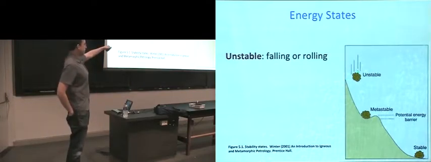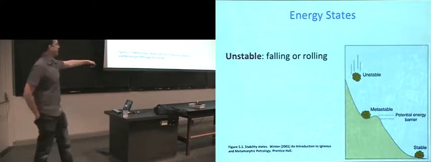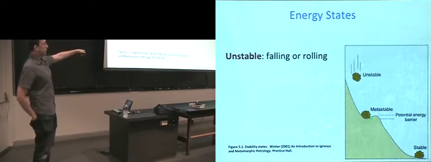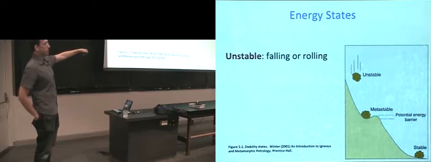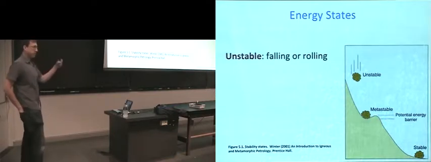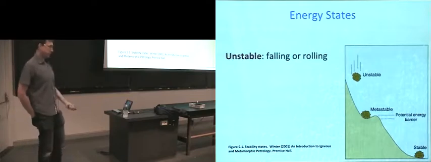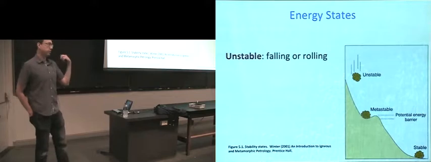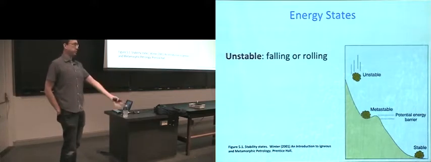So the rock is going to fall and roll down the hill, because that's the most stable location for the rock. You can also have metastable states where they are kind of in between. There's a little bit of a barrier, and the system might not have the energy to get over that barrier and into the more stable phase. One of the classic examples in minerals is diamond. Diamond is not the stable phase of carbon in this group.